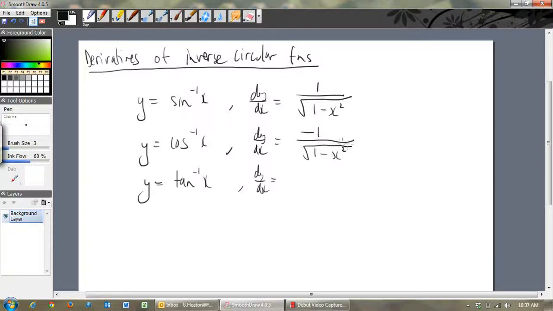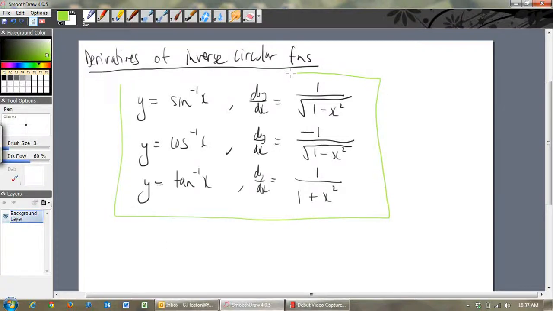So exactly the same, but just a negative version. And tan is the one that's a little bit different as usual. That is just 1 over 1 plus x squared. So they're your key ingredients, the things that you need to know.